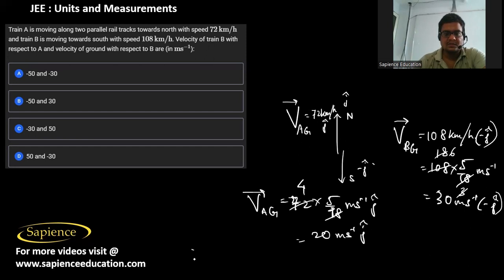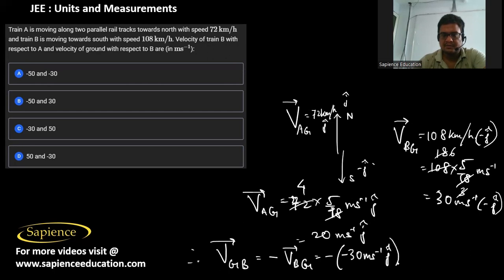Now it is asked the velocity of ground with respect to B. So that will be equal to minus of velocity of B with respect to ground, that is minus of minus 30 meter per second j cap, which is equal to 30 meter per second j cap.